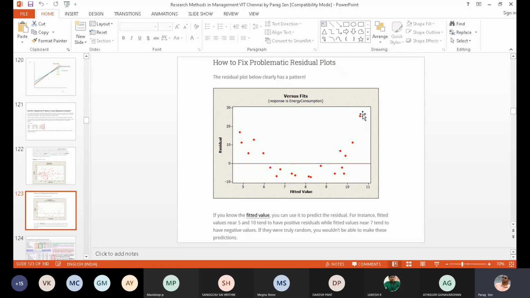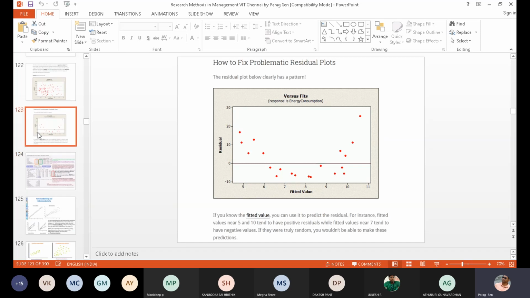There must be some non-linear relationship, because of which for particular estimated values the residual is one type, and for other fitted values it changes.